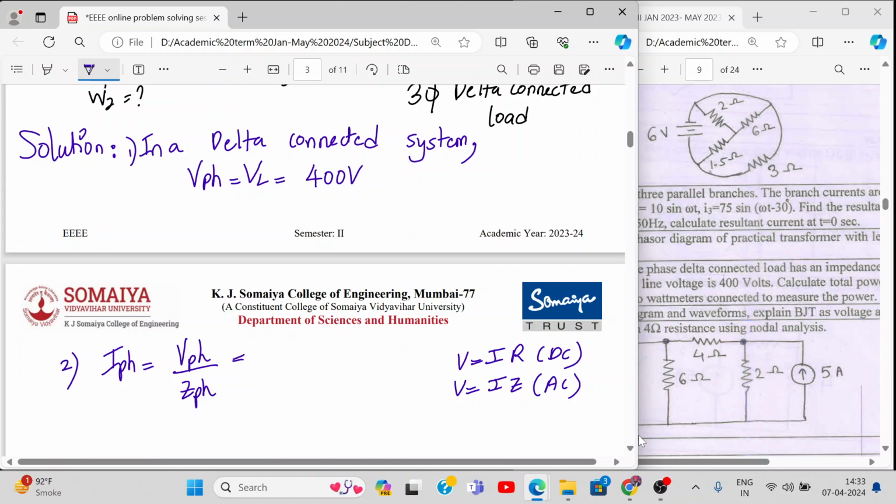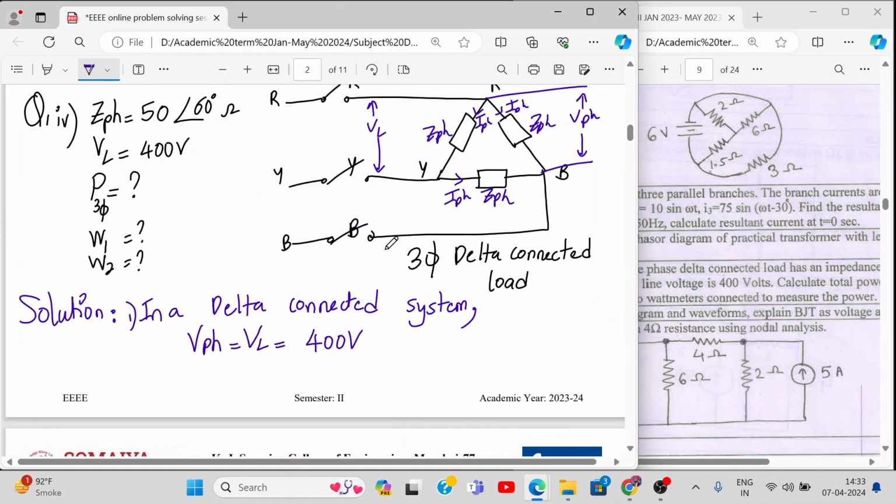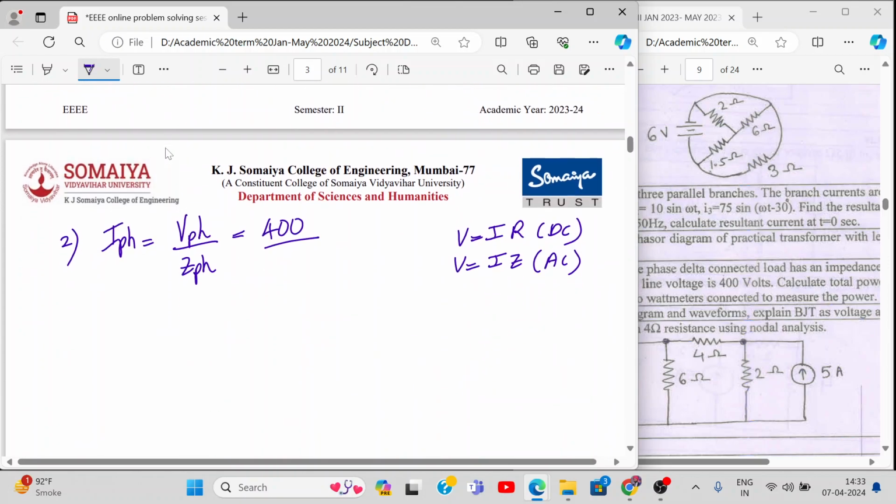So this is the same formula. What is the value of V and Z? V phase is 400, right? And Z phase is how much? 50 is given, no? The magnitude is 50. So how much is 400 divided by 50?